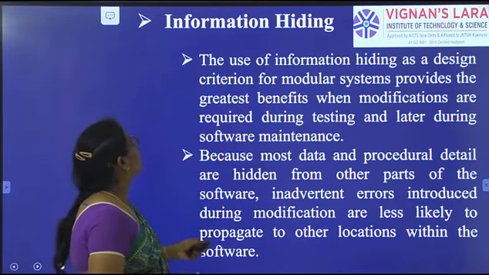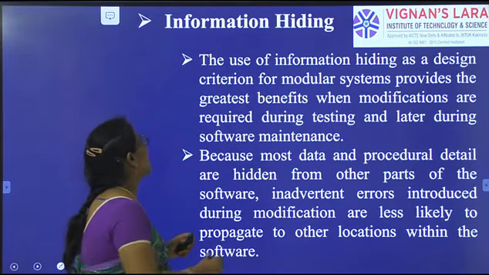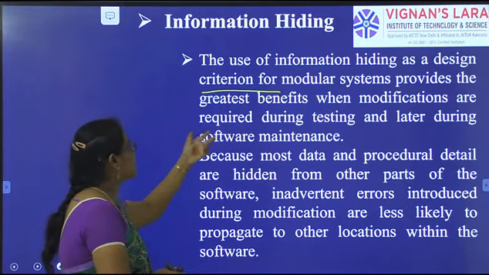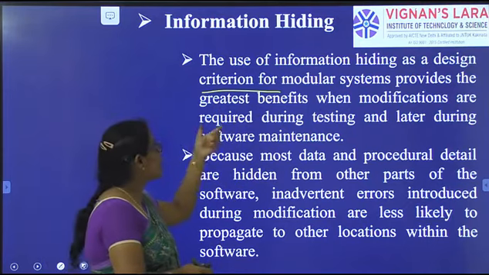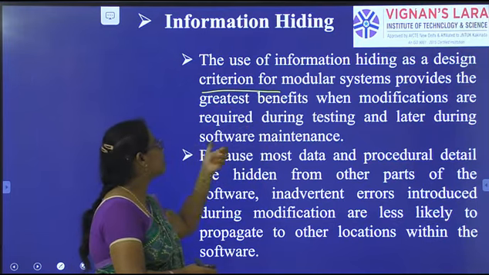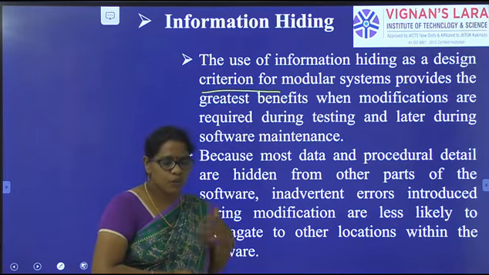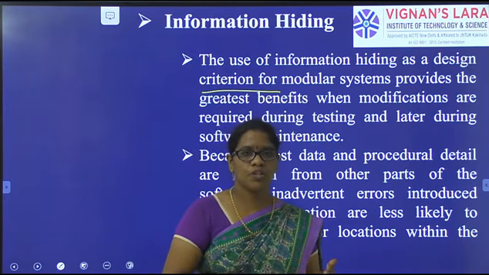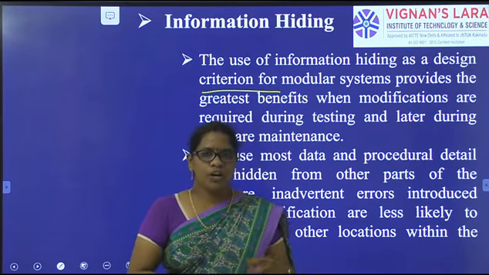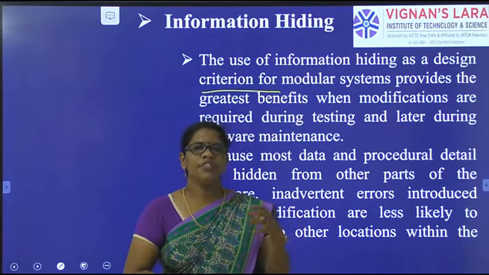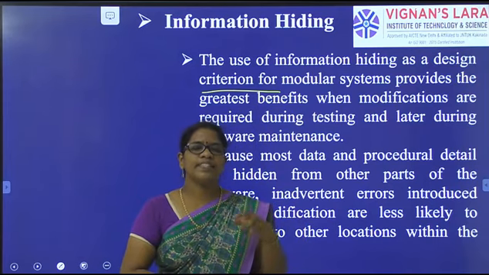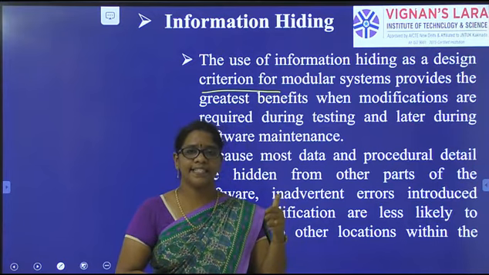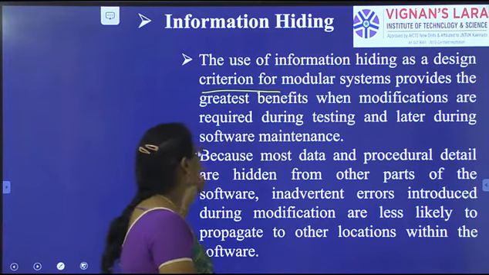Okay. And next, the use of information hiding as a design criterion for modular systems provides the greatest benefits when modifications are required during testing and later software maintenance. So why are we making information hiding in modules? Because if you do information hiding in modules, it will be very easy for you when going for testing.